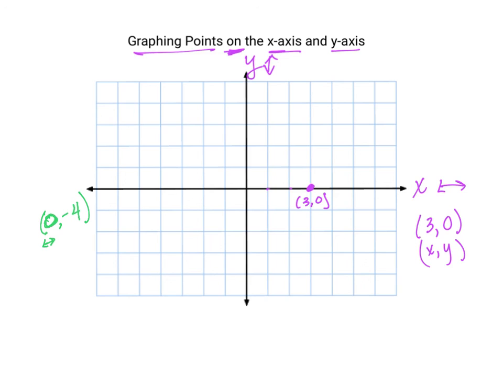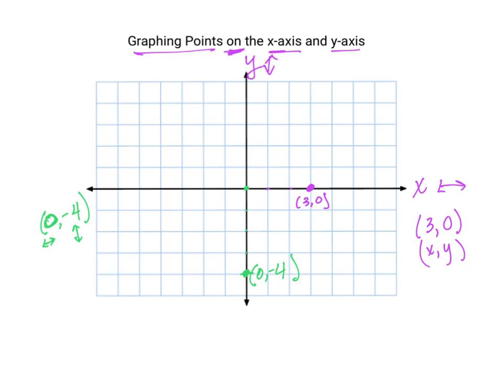That's saying don't move anywhere. Stay right here. Start at the origin and don't move any left or right. Then negative 4. Well, that tells me am I going up or down? And a negative would mean I'm going down 4 units. So I haven't moved over left or right. Now I'm going down 1, 2, 3, 4 units. And that's where 0, negative 4 is.